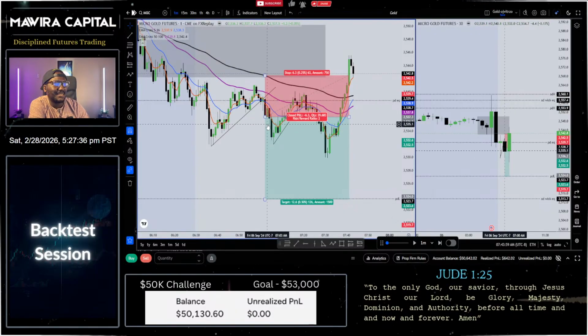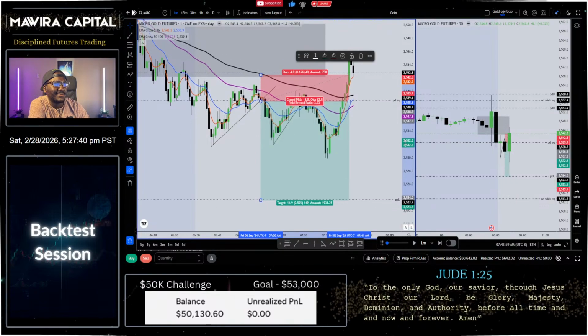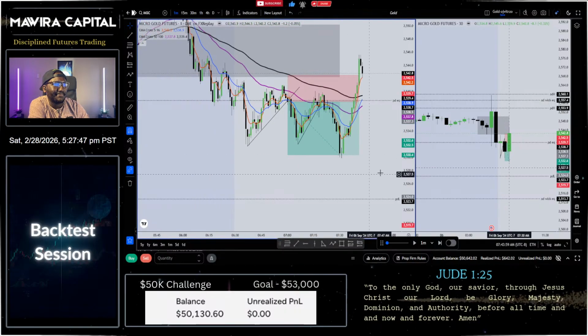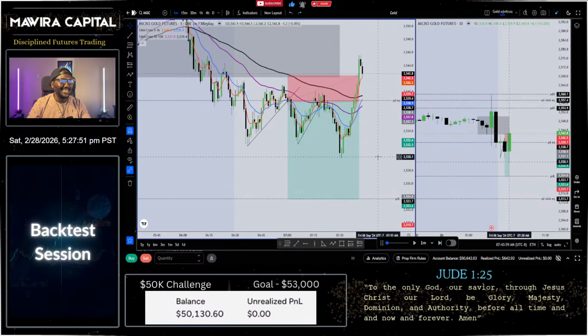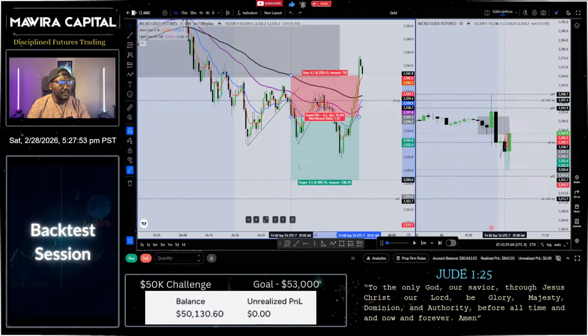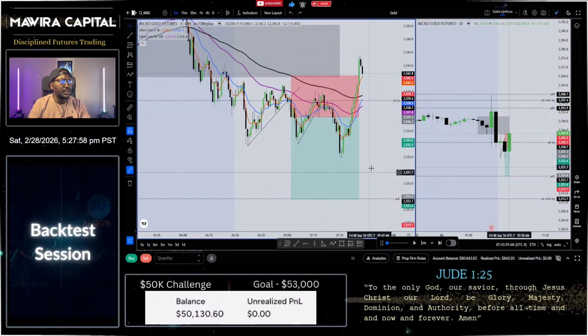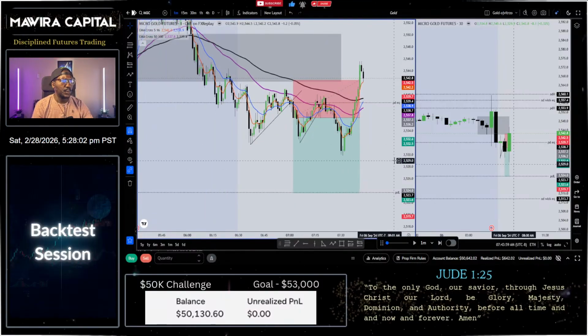If I didn't use too much thought, that would have been a winner right there. But there's no way I'll take that trade. So let me see, barely we got to 1:1.